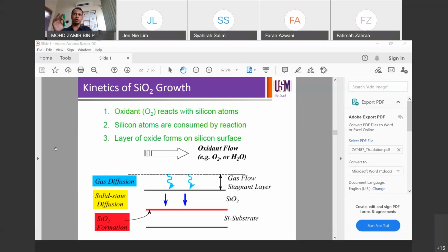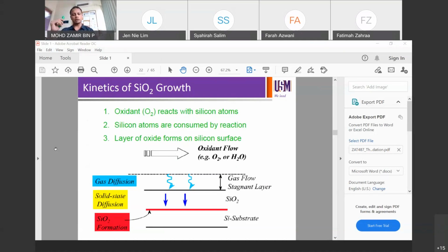So now we assume that before the thermal oxidation, you have already removed the native oxide. Native oxide means the naturally grown oxide of 1 to 2 nanometers. So you have gone to the HF dip, completely removed the native oxide, so you are left with pure silicon to be grown with SiO2 in the oxidation process. So what will happen as the first step is the oxidant, for example O2 gas, will firstly react with your silicon atoms.